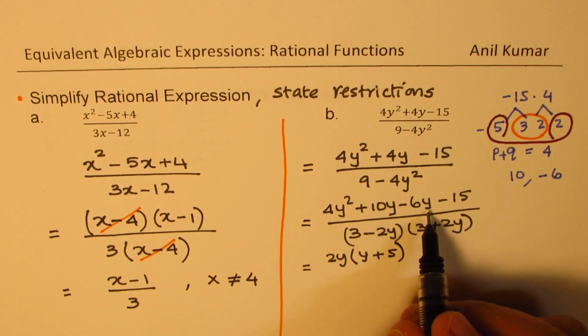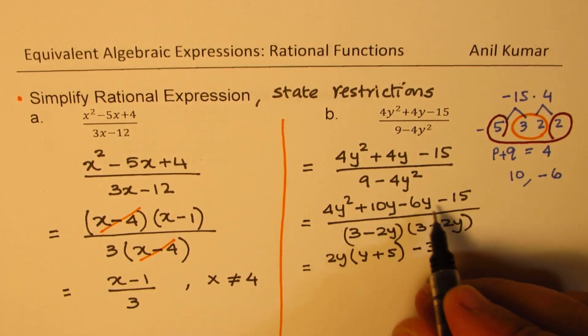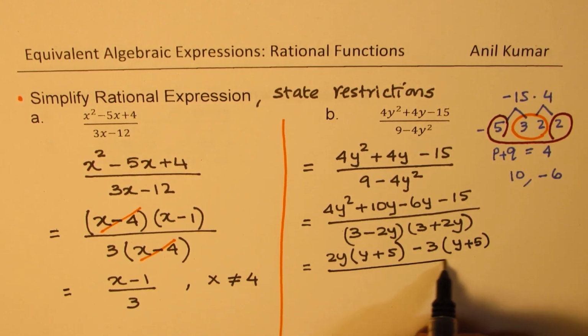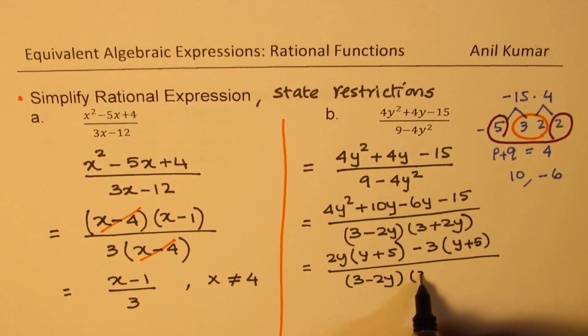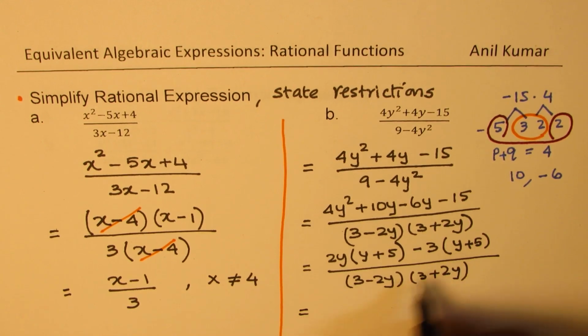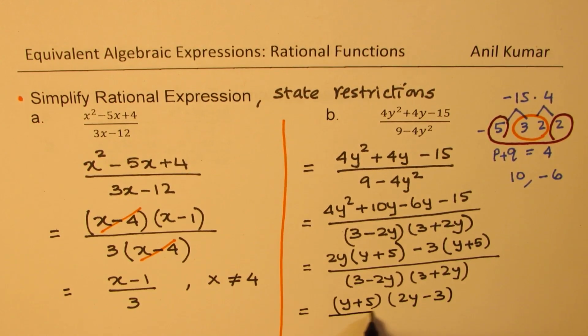Here we can take 3 common, minus 3 rather. So we get again y plus 5. Now we can take y plus 5 common and we are left with the other factor as 2y minus 3. And the denominator is 3 minus 2y times 3 plus 2y.